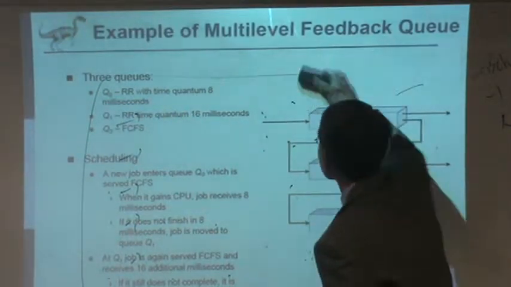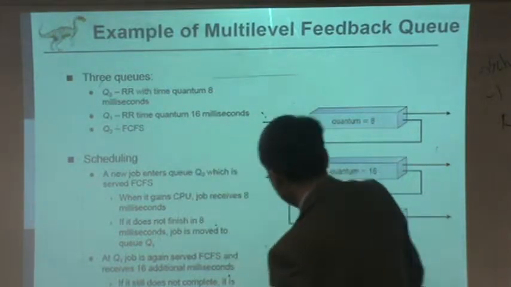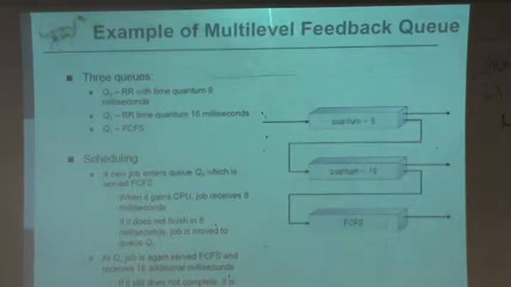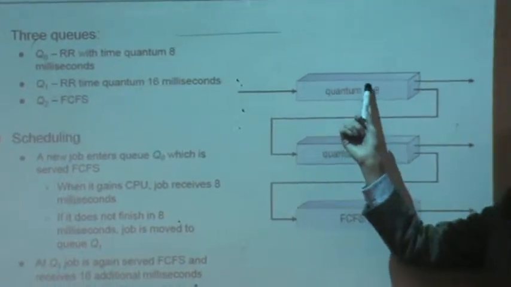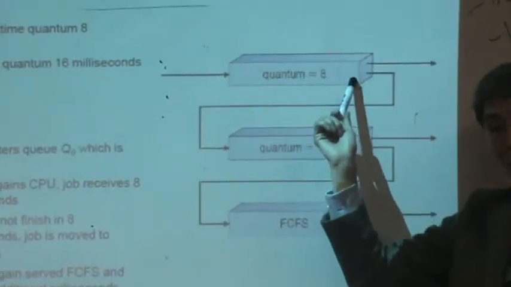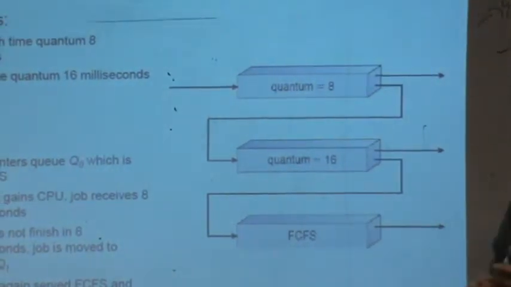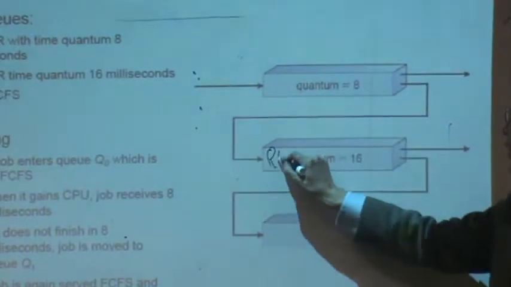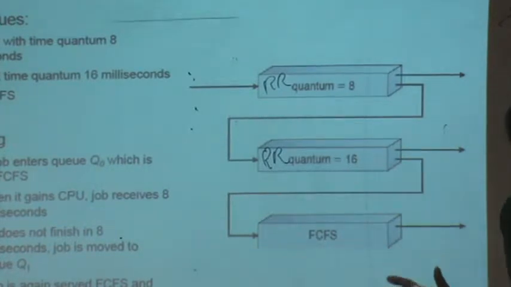We have a multi-level queue, like the previous one. How many queues do we have? Three queues. The first one is round robin with quantum size 8, which means you can get 8 time slots. The next one is round robin with quantum size 16, a little bit longer.